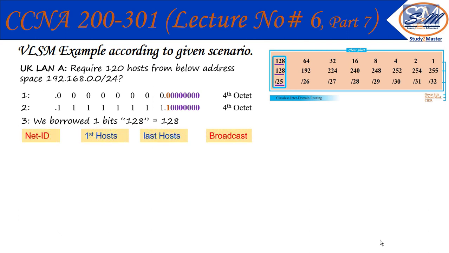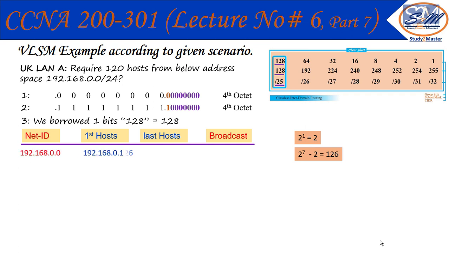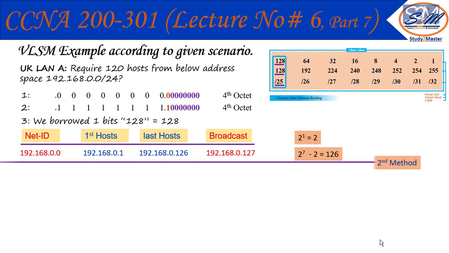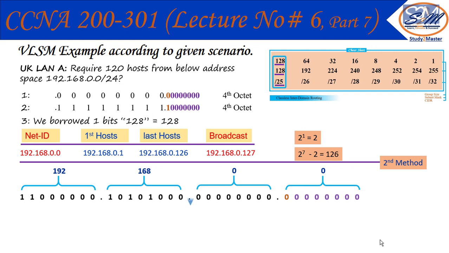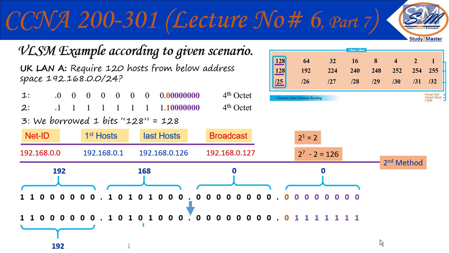In this scenario, UK LAN A requires 120 hosts, so we borrow 1 bit. If we play the game, 2 to the power of 1 is equal to 2, it means we have 2 networks with 2 to the power of 7 minus 2 equal to 126. This means each network will be fitted with 126 hosts. So the network ID, or the first network address, is 192.168.0.0.